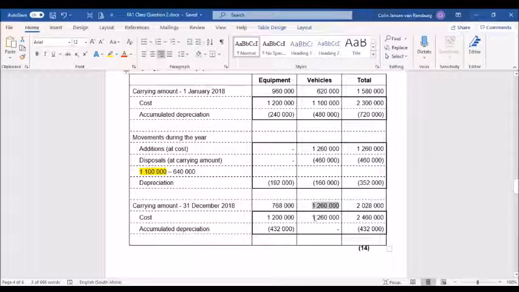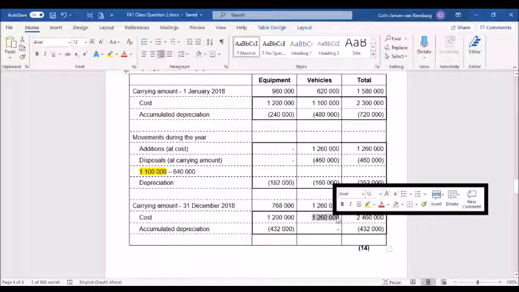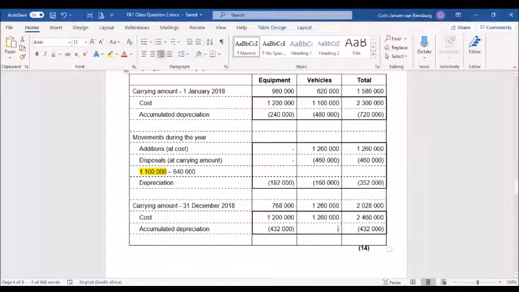But then to arrive at these two components, the cost and the accumulated depreciation at the end of the year, we've got to look at the cost component and the accumulated depreciation component separately. So we're going to look at any balances and any movements that only have an effect on the cost, right? Only the ones that have an effect on the cost.